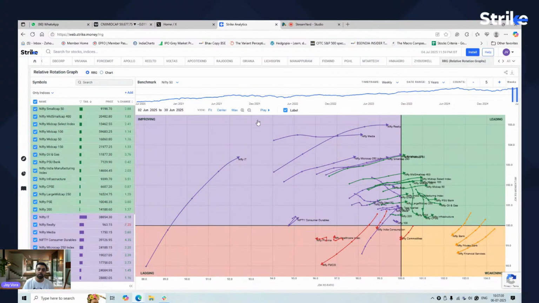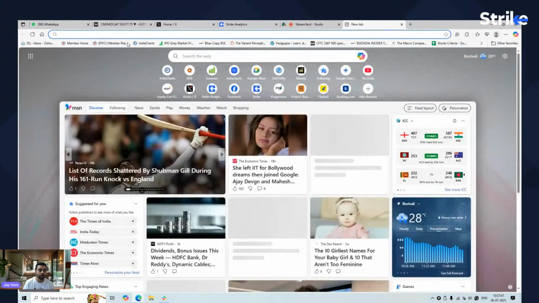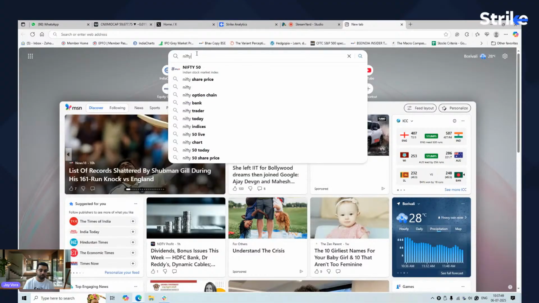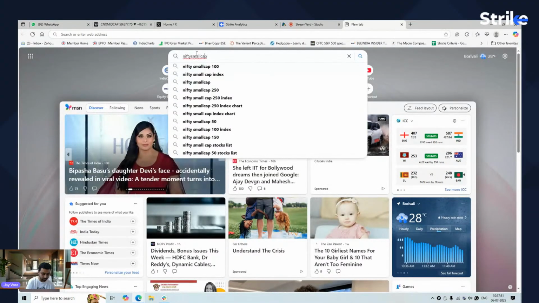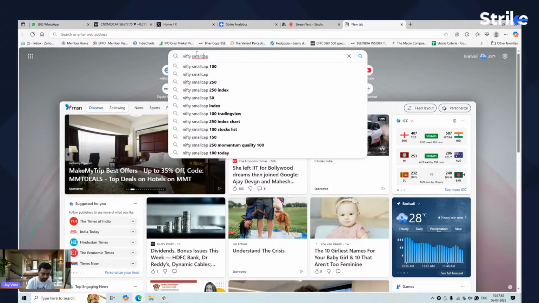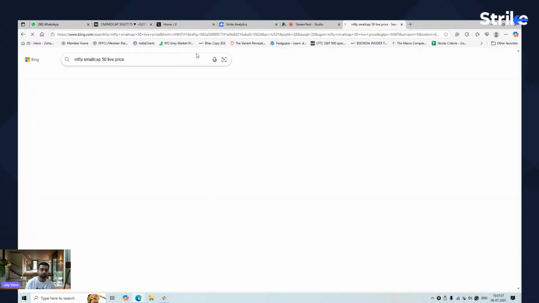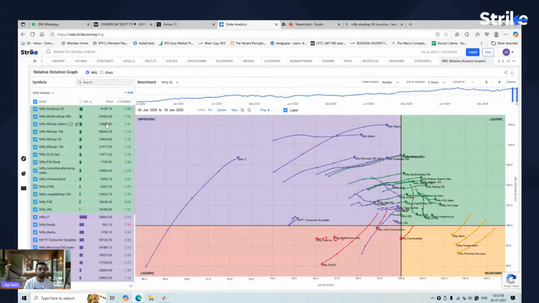And if at all you have a doubt whether prices are of today or of a few days back, simply check the price over here and check it with the live market. Right now the markets are closed, but say this is Nifty Small Cap 50. I am just googling Nifty Small Cap 50 live price, right?